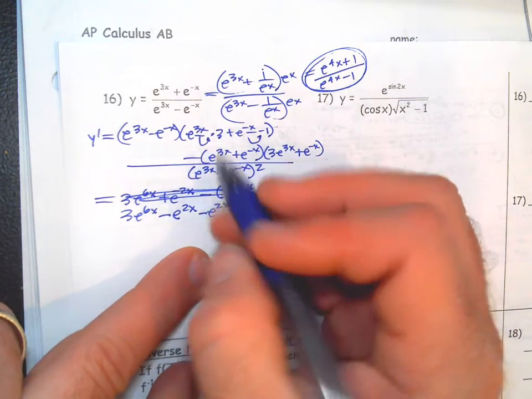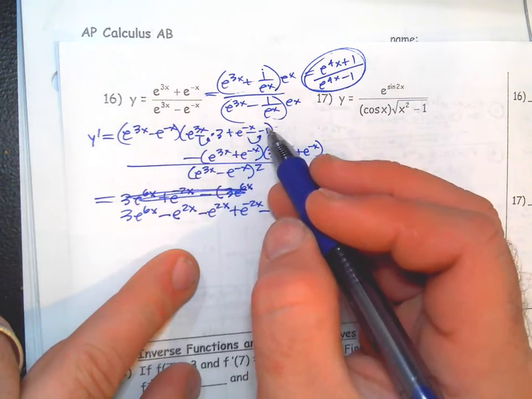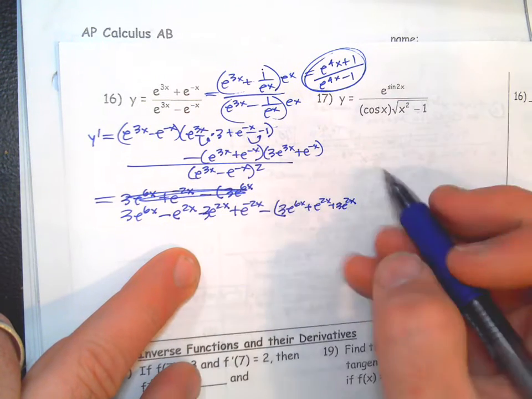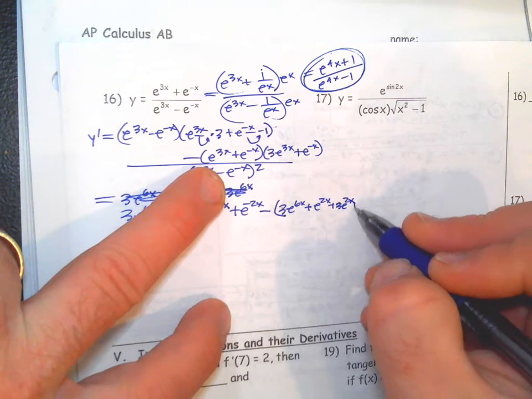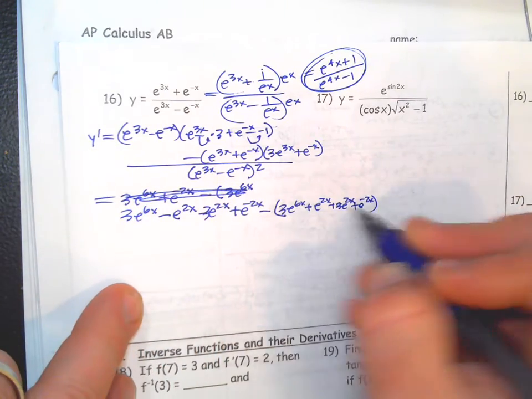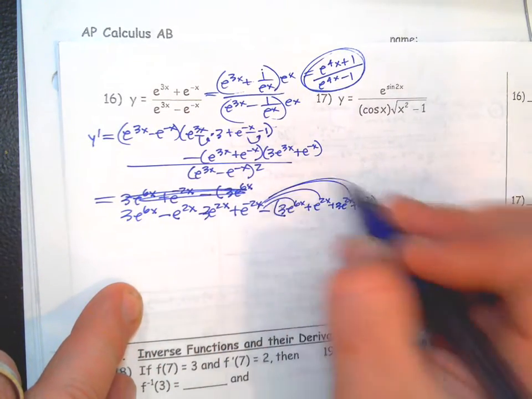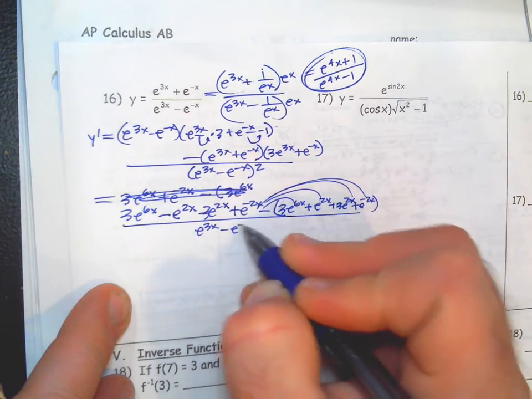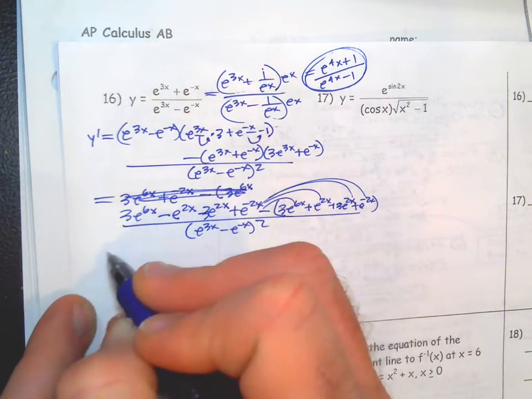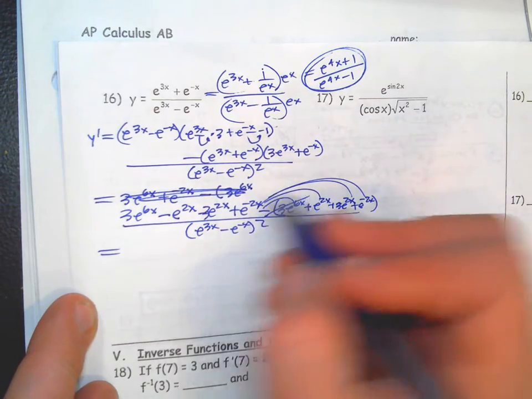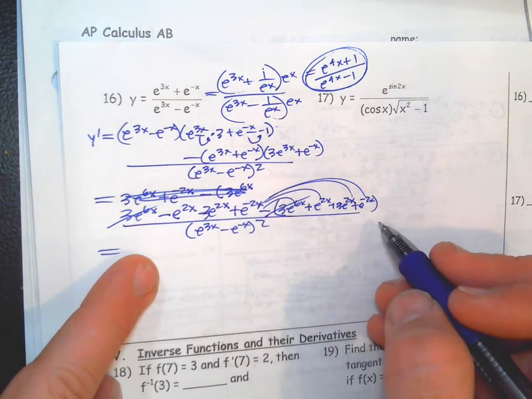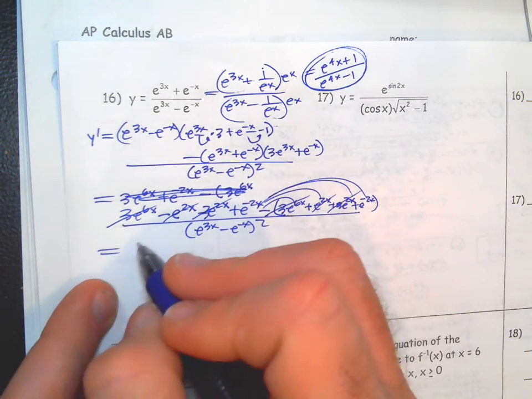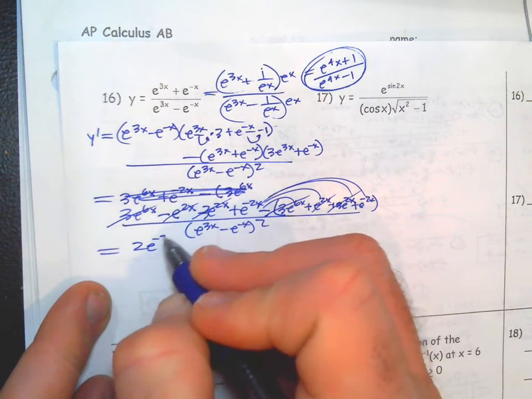I missed a 3 here, plus e to the negative 2x. Then you distribute this subtraction, all over e to the 3x minus e to the negative x squared. And this was just a mess. These guys cancel. These guys cancel. And it turns out to just be e to the negative 2x.